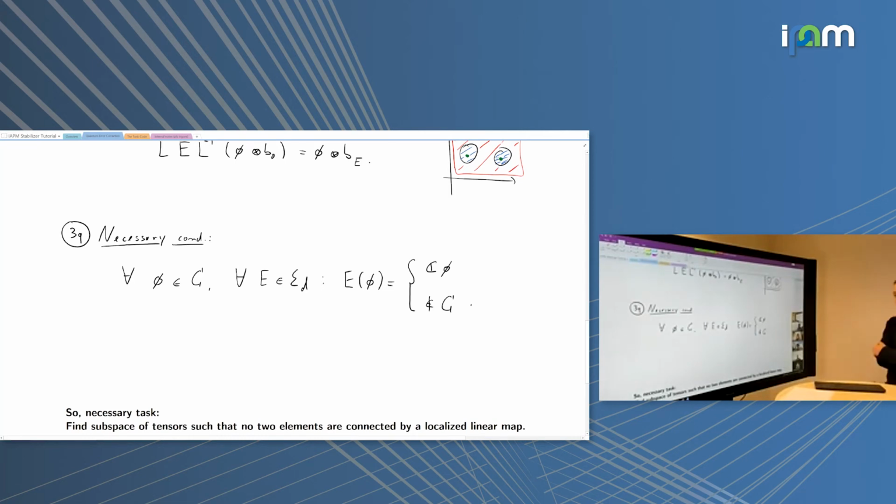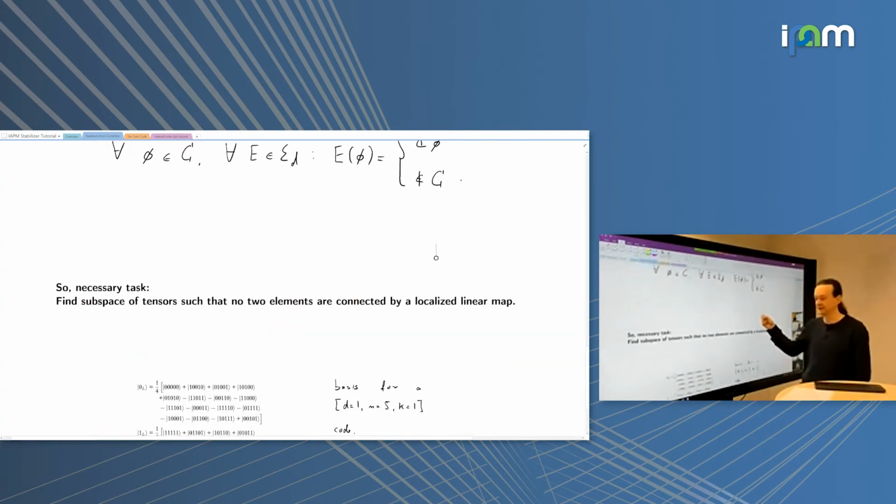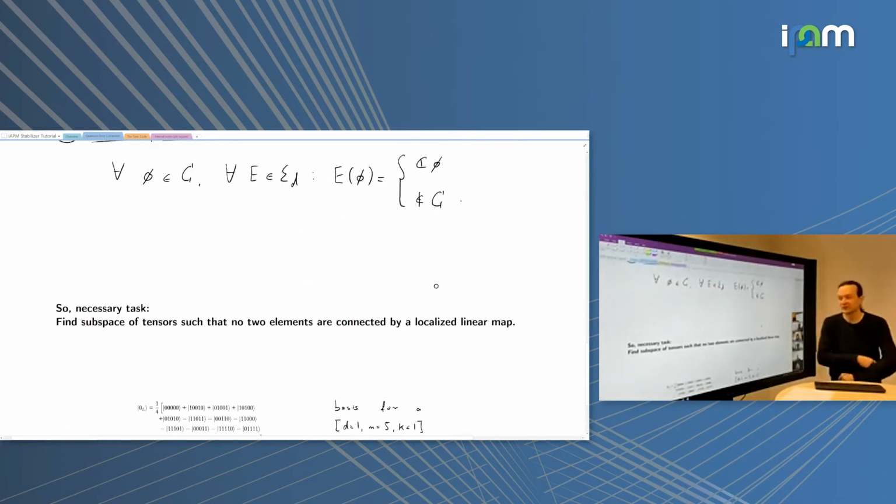Right, so again, we don't want errors to map valid code words into valid code words. If you are more from the algebraic geometry side of things and have never heard about physics at all, I think this is a good way of thinking about the problem. A necessary task of finding quantum codes, not sufficient, but it captures some of the difficulty of the problem, is: find a subspace of tensors such that no two elements are connected by a localized linear map, where by localized linear map I mean a linear map that only acts on a few tensor factors at the same time.